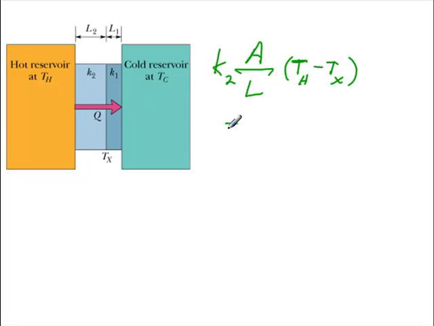And that has to be equal to the power through the second slab, K1 times area. This is length 2. This one is length 1. Times Tx minus T cold.